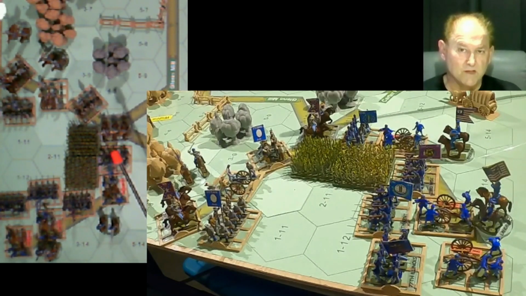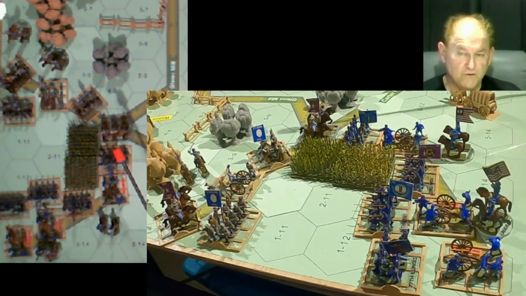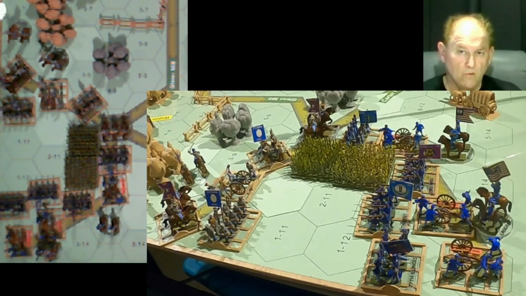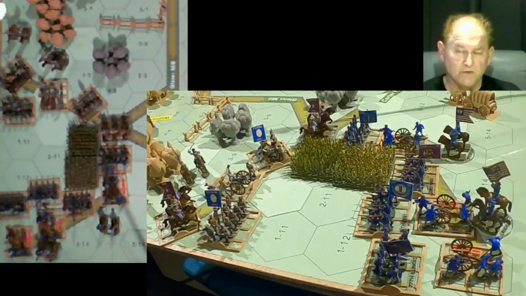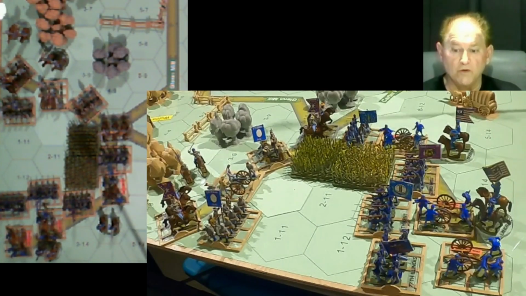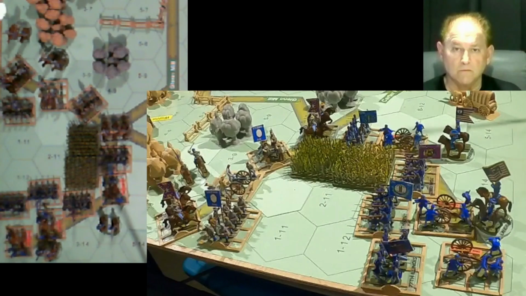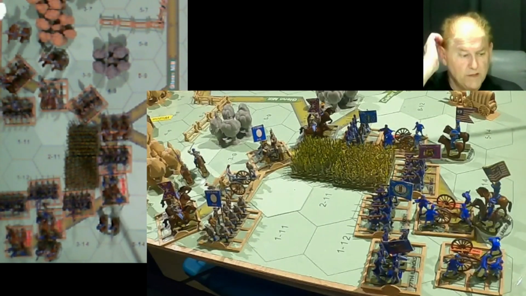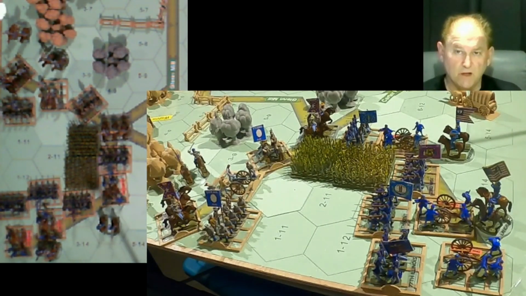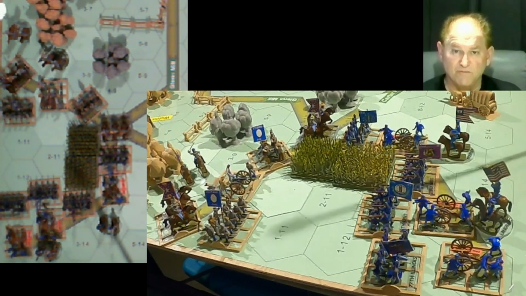Because the cavalry has a base move already of 2. We made an adjustment to how we're playing the game. All units move 1. Cavalry is going to move 2. Then we roll the dice to see what additional distance they get. So in this particular case, the cavalry had a total movement of 5.